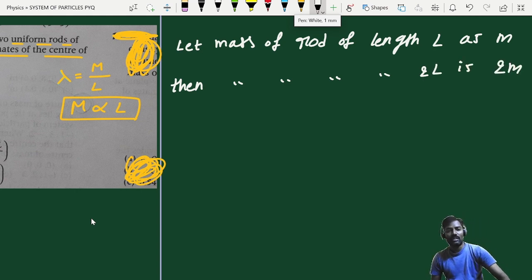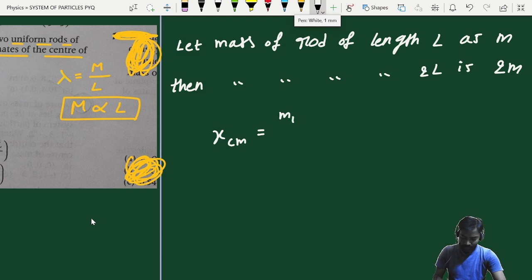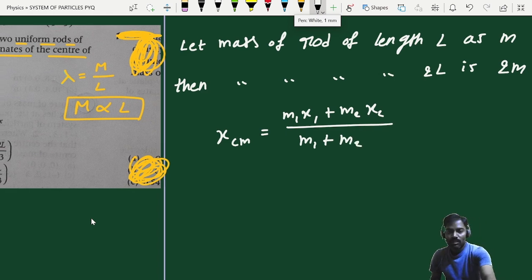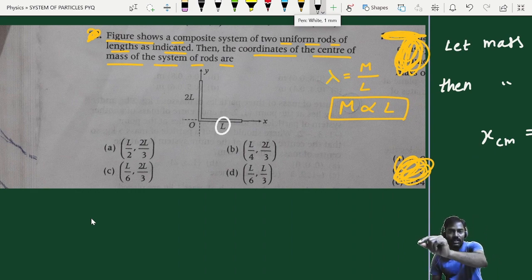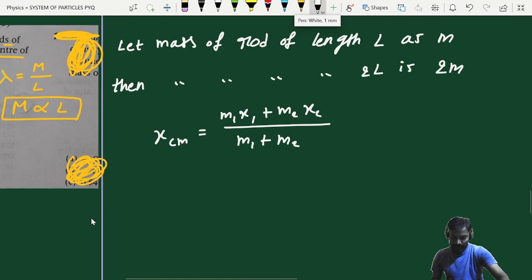Now they asked to calculate position of center of mass. So xcm is equal to m1x1 plus m2x2 by m1 plus m2. See students, what is the position of center of mass of the first body? L by 2, no? L by 2, because that is a uniform body, so the position of center of mass is at the midpoint.